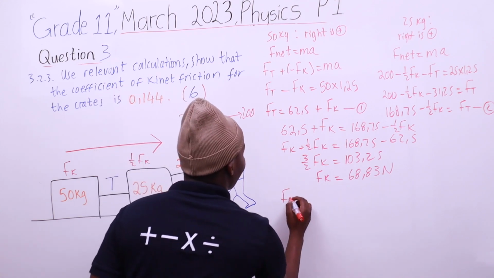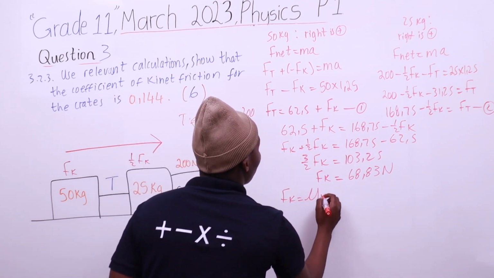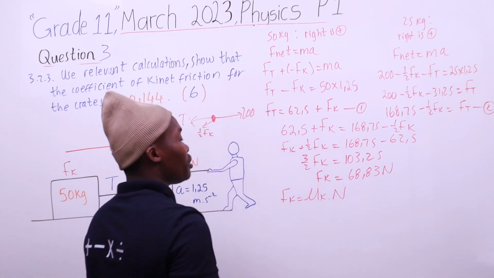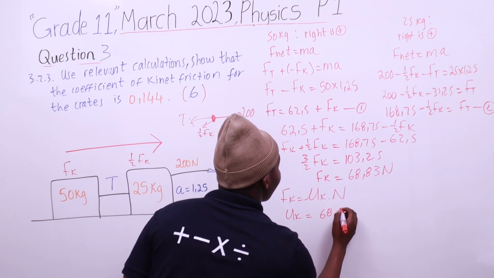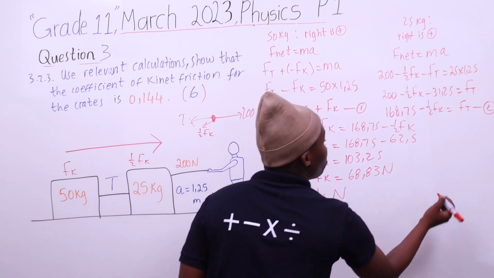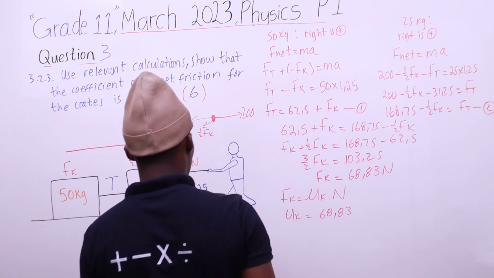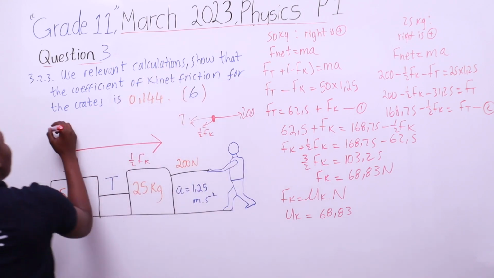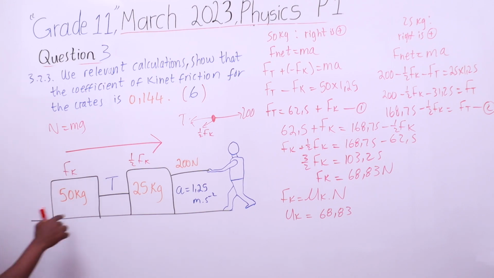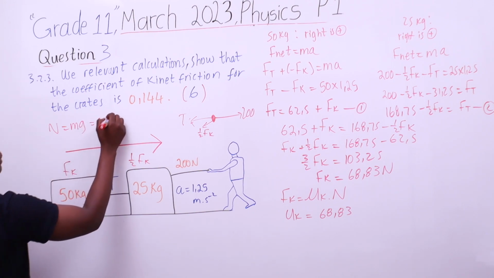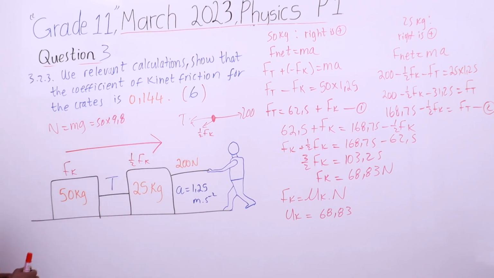But guess siyazi ukuthi fk phela is equals to coefficient multiplied by the normal force. So coefficient kahle kahle ilingana no 68,83. Khumbule ukuthi ngizoyibhala ngala ukuthi normal force ilingana no mg, normal force yala. So izolingana no 50 times 9,8.